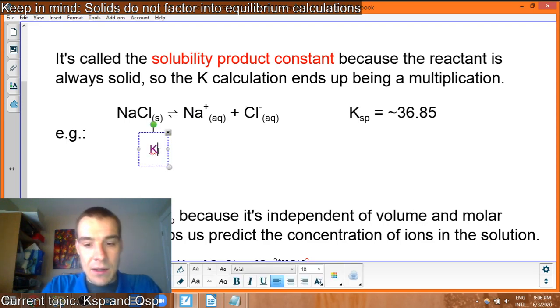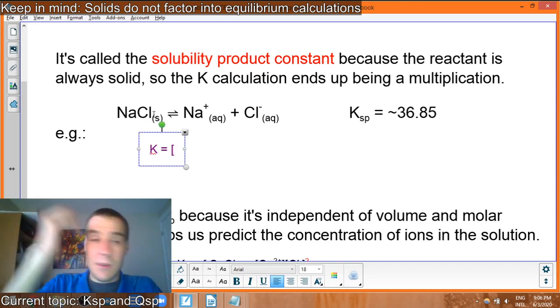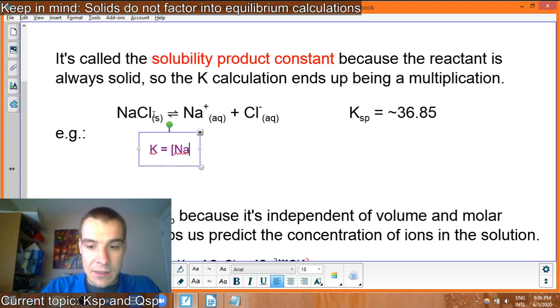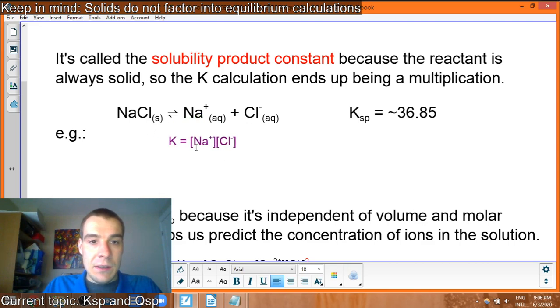So K here is going to be, we ignore the NaCl, but it's products over reactants. And the products is the sodium multiplied by the chlorine, the concentration of sodium multiplied by the concentration of chlorine. That is KSP.